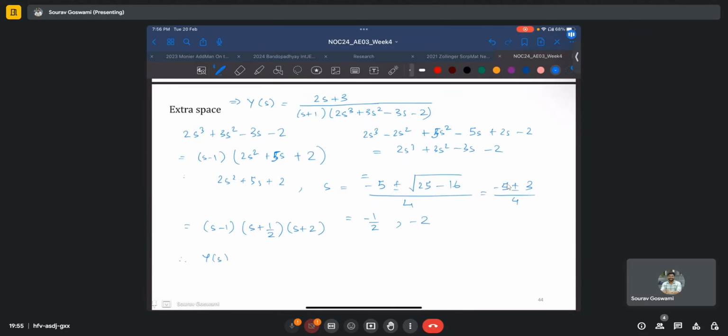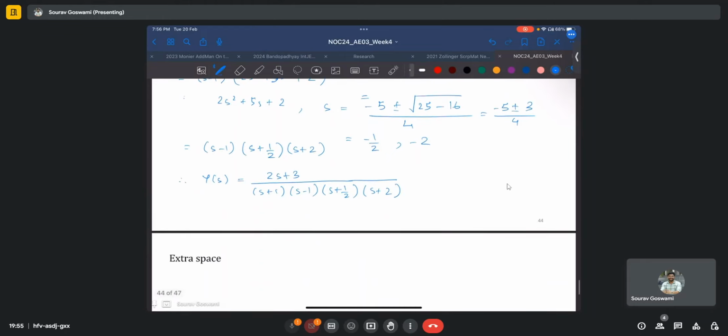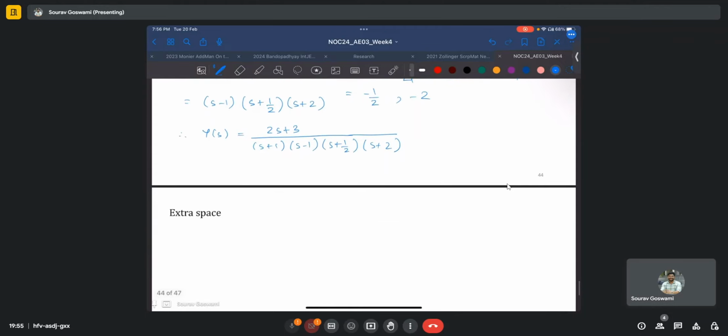Therefore, y of s is equal to 2s plus 3 by s plus 1, s minus 1, s plus half, and s plus 2. Now again, we have to break this into partial fractions. I will leave that to you as an exercise because I have done it many times today already.